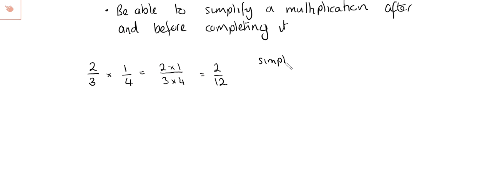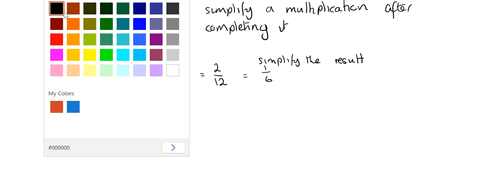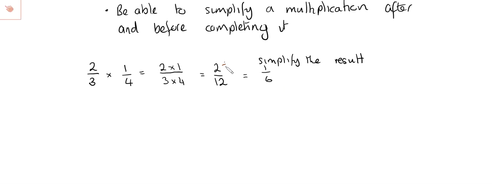simplify the result, and thanks to our shouty outer, we've been told it is 1/6. Because, okay, Caelan, can you explain why doing that does simplify the fraction?